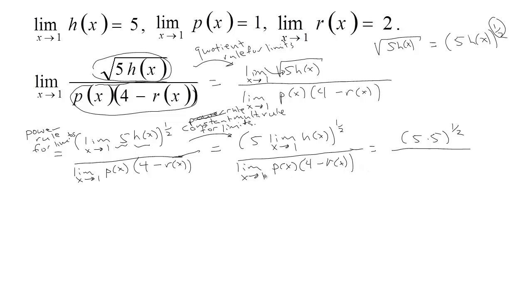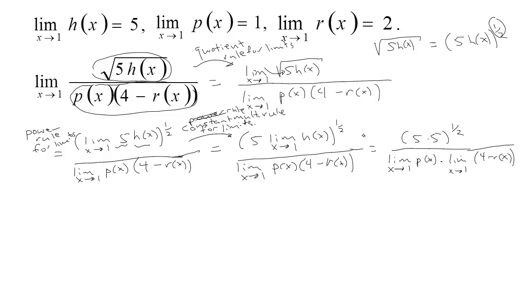Now, down below, we have the limit of a product of two functions. And we know from the product rule for limits that that's the product of the limits. So the limit as x tends to 1 of p of x times the limit as x tends to 1 of 4 minus r of x.